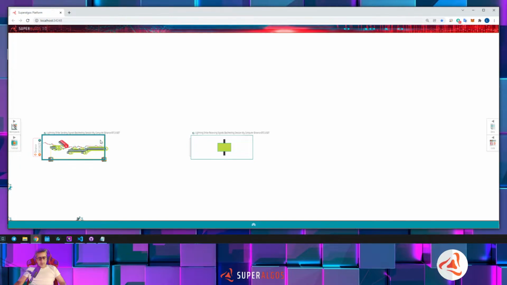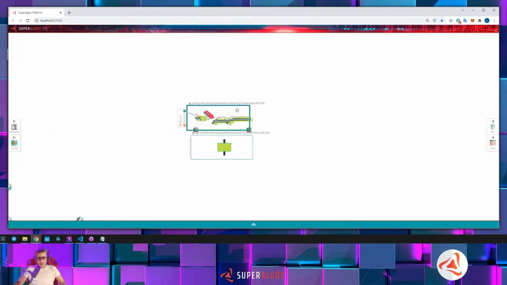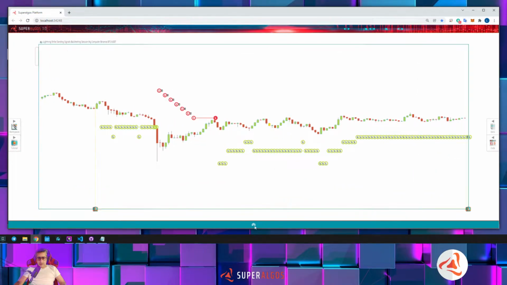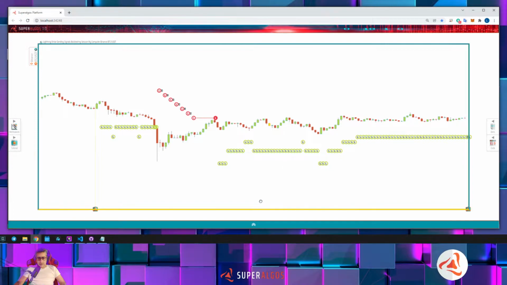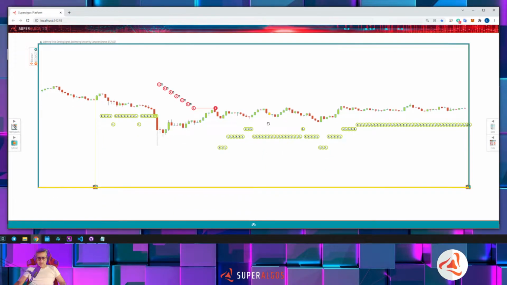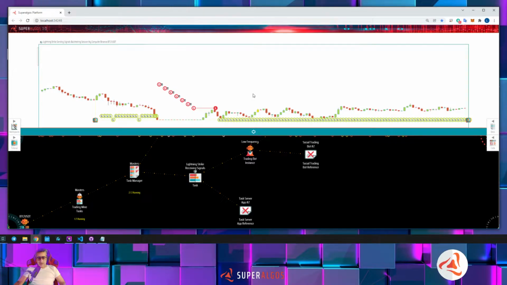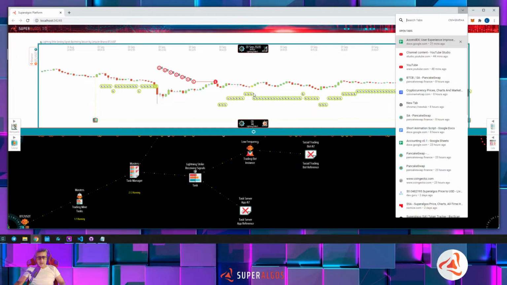So we will move this one with shift. We'll put it side by side. Also with shift, we are going to move the screen here. Shift Alt A.